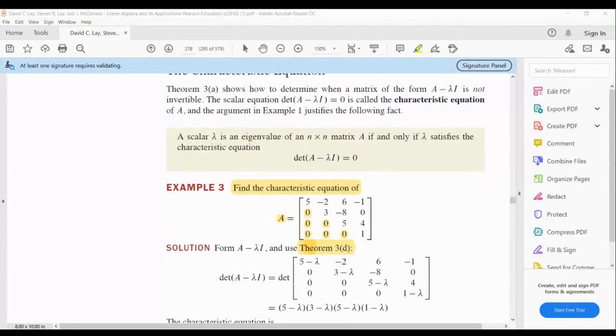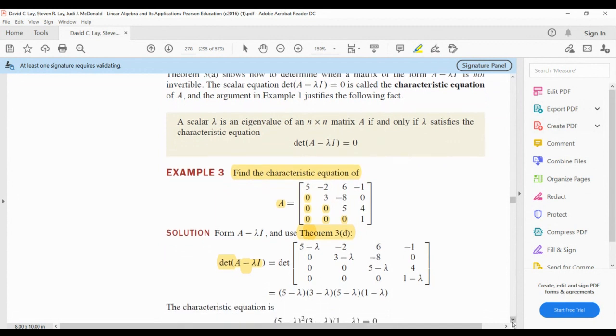Well, is it easy to take the determinant of a matrix in triangular form using cofactor expansion? It is. You've learned this firsthand: if you take the determinant of a matrix and it's in triangular form, the determinant is just the product of the diagonal entries. So the determinant of A minus lambda I, and they write A minus lambda I here, is just the product of the diagonal entries.